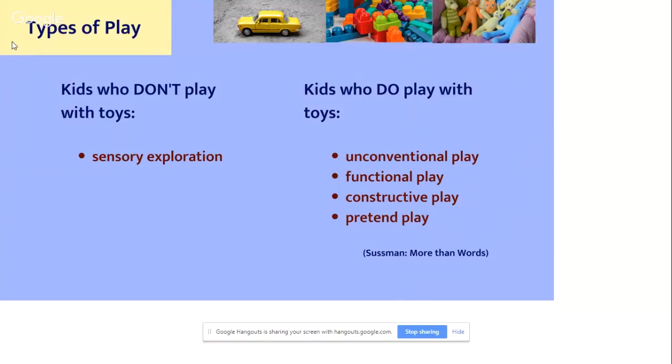And then there's functional play, where a child takes a toy and does the expected action with it, using the toy the way it was created to be played with. If they have a ball drop toy, they drop the ball down the chute and watch it go around. If they have a puzzle, they put the piece into the puzzle. If they have a drum, they bang on the drum.